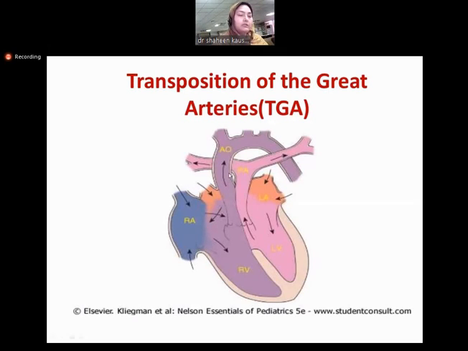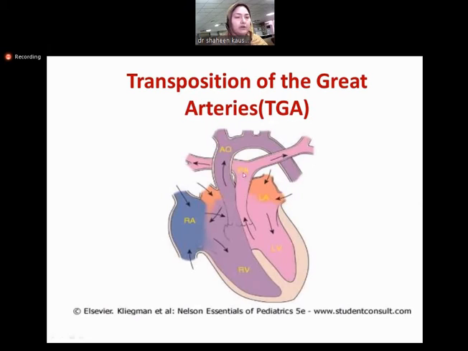So oxygenated blood is provided to the systemic circulation. But here you can see there is a transposition of the great vessels. The vessels are not arising from their normal positions. The aorta arises from the right ventricle and the pulmonary artery arises from the left ventricle.